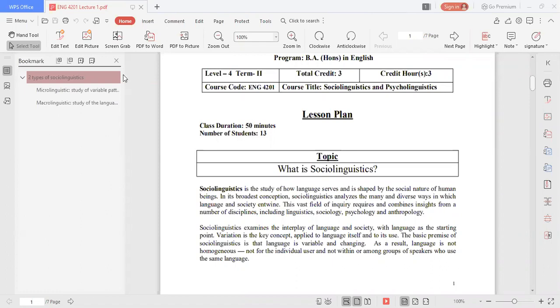Place, society, culture, exactly. Because of all these factors, language is always changing.